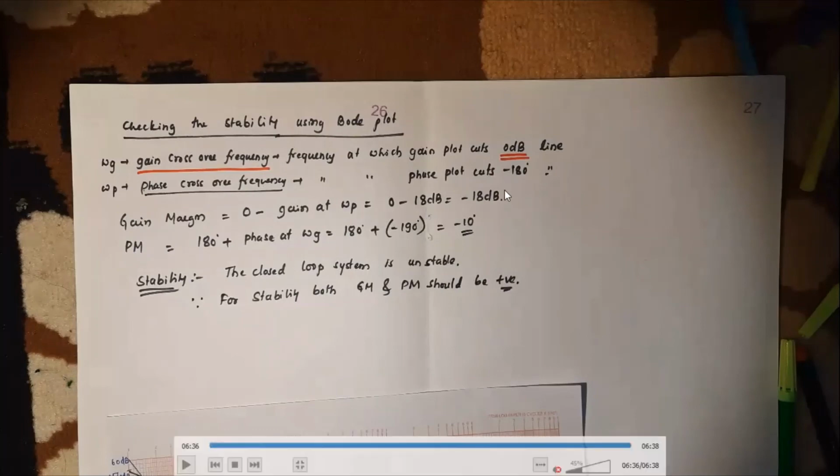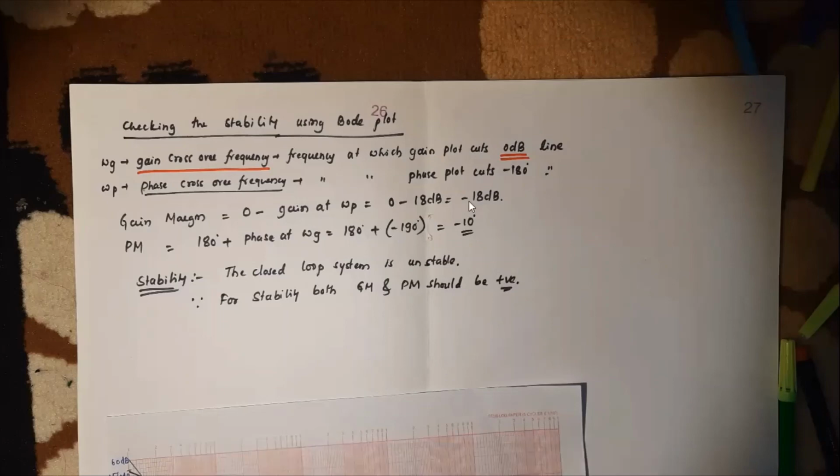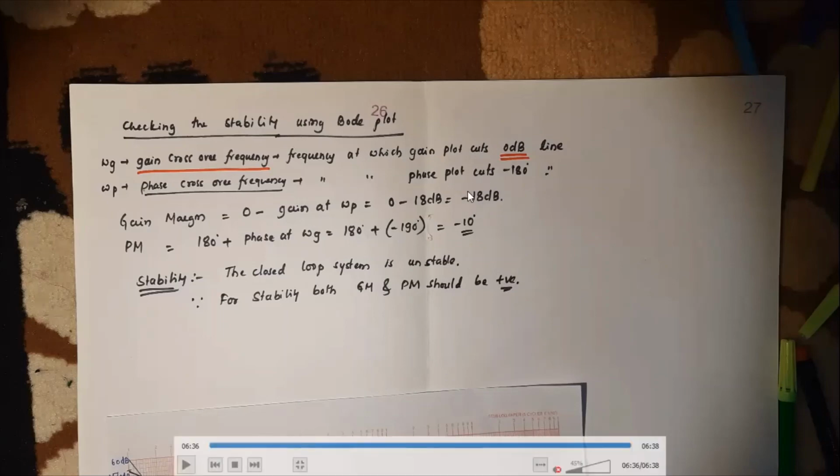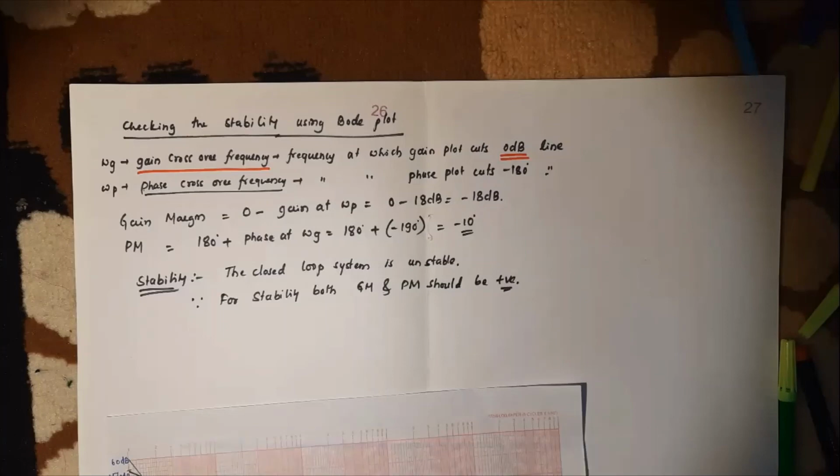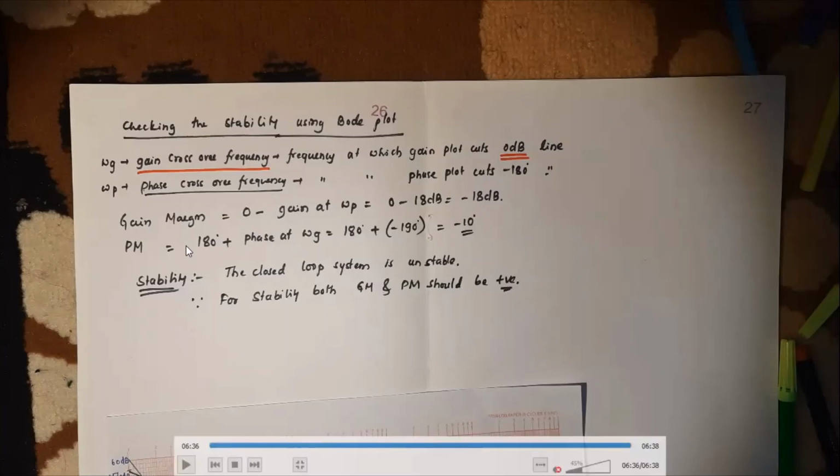See, you may get an error of plus or minus 30 to 40%. I mean, some may get, say, minus 18 dB, some may get minus 8 dB, but nobody should get a positive value, which is an error beyond 50%. Similarly, you may get a different phase margin: minus 20 degrees, minus 5 degrees, minus 12 degrees.